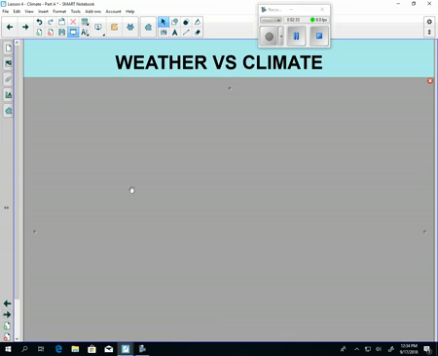Now, weather versus climate. Some people think that it's the same thing. There is a bit of a difference. Weather is usually what happens today. What's the weather like? Usually we say it's raining or it's hot, it's cold, it's snowing. That's the weather. But the climate is the average of the weather over a period of time in any one particular area.